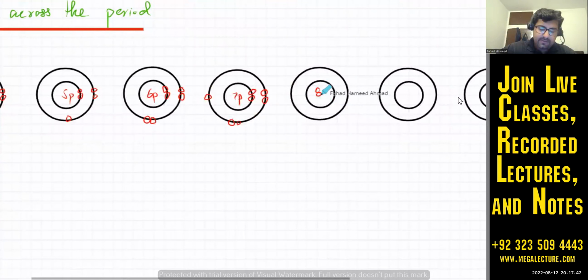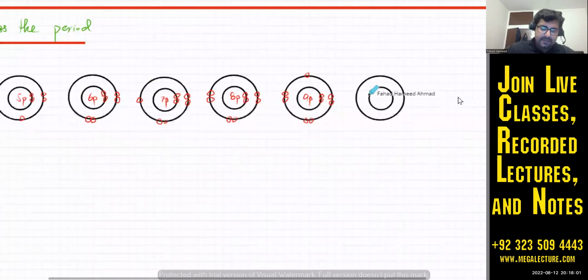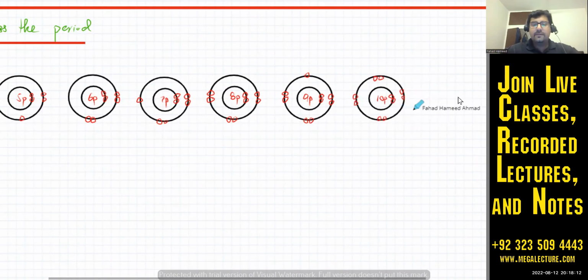So 8 protons, and 9 electrons, that's 2 and 7, that's fluorine. Finally, at the end, it's going to be neon, which is 10 protons, and a full outer shell, that's 8 electrons in the last one. So we've drawn all of them.